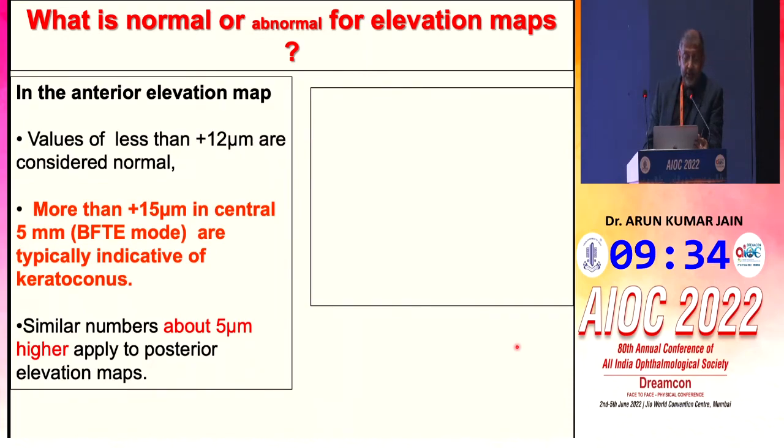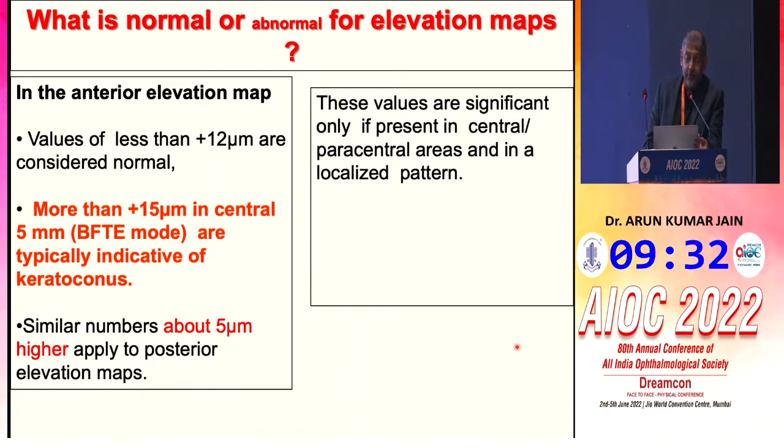On an anterior elevation map, you have to look for any elevation more than 12 micron. Any value less than 12 micron is considered normal, but more than 15 micron in the central 5 millimeter area in the best fit toric ellipsoid map is typically indicative of keratoconus.